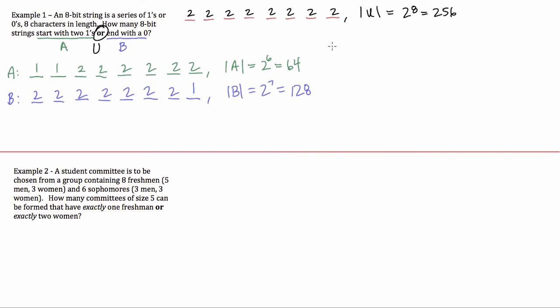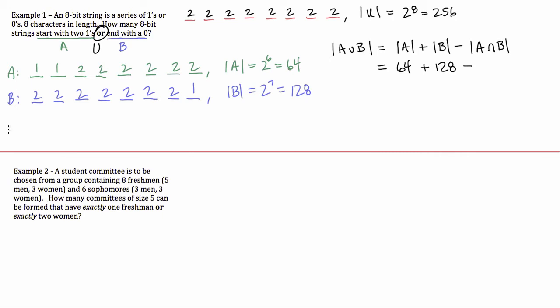So if I go and try to calculate the size of A union B, which is what this problem is asking us to do, the addition rule says it's the size of A plus the size of B minus the size of their overlap. Now we know what A is, it's 64. We know that B is 128.